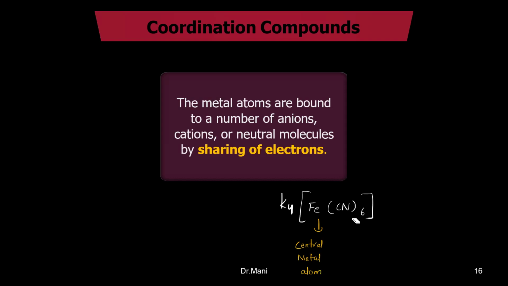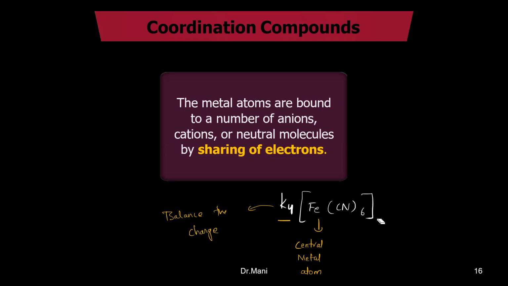And the six cyanides are there. These groups will act like ligands surrounding the central atom. You will need to calculate the coordination number and all these, and for that, you should know these terms. And remember, the four potassium ions will be helpful for balancing the charge.